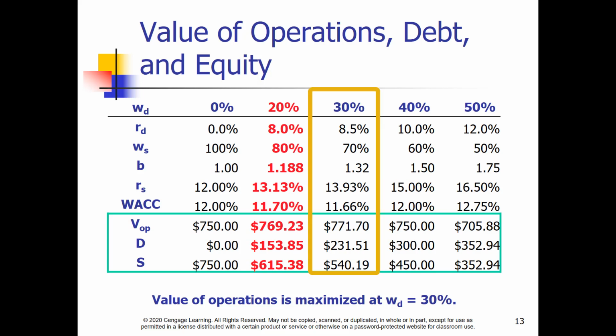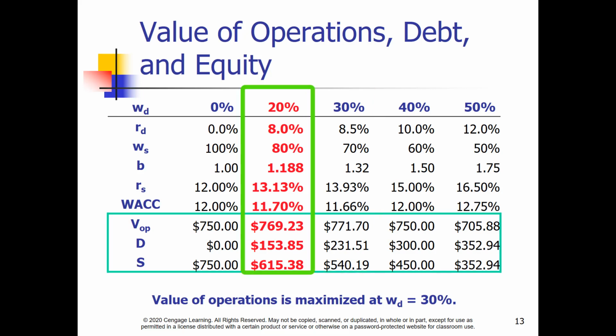At 30% debt, the weighted average cost of capital is minimized, the value of operations is maximized, and the stock price is maximized. Still, we're going to move forward using a 20% debt level in our example. Pizza Palace was uneasy about jumping all the way to 30% debt, so the figures in red are what we expect to see as we move through the recap process.